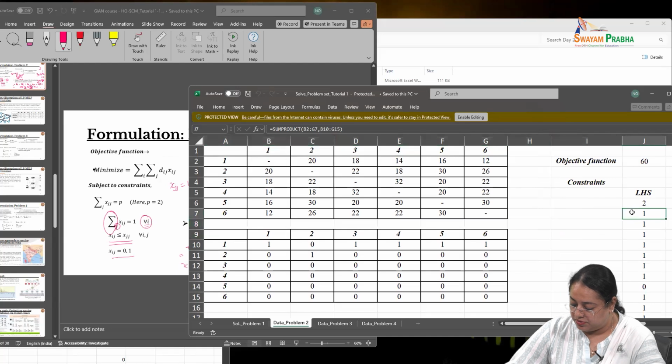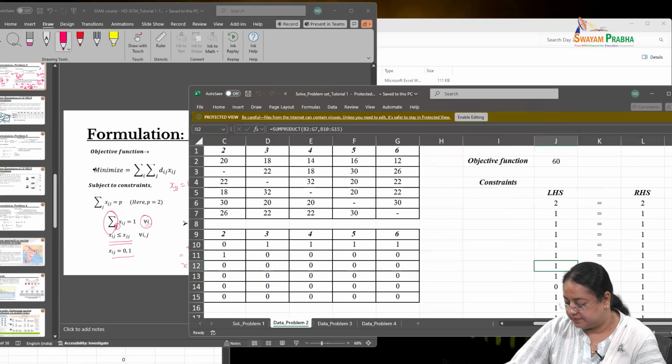Is it doing the same thing? You just add the formula here. Plus, now this you have to do for how many times? 1, 2, 3, 4, 5, 6, for all the 6 columns. That is equal to 1.